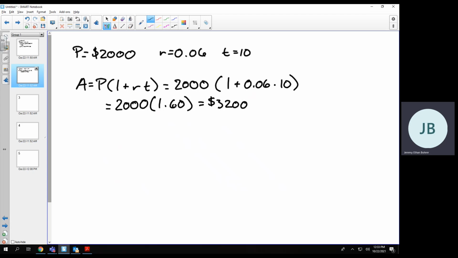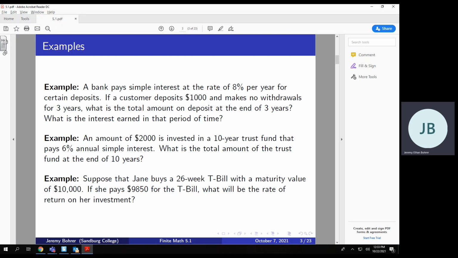The last of these three problems says, suppose that Jane buys a 26-week T-bill with a maturity value of $10,000. If she pays $9,850 for the T-bill, what will be the rate of return on her investment?